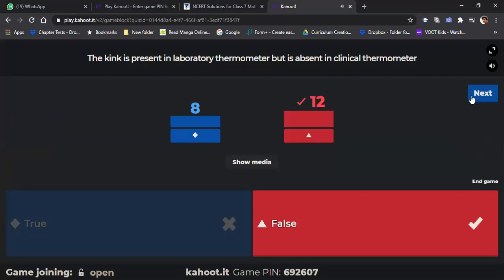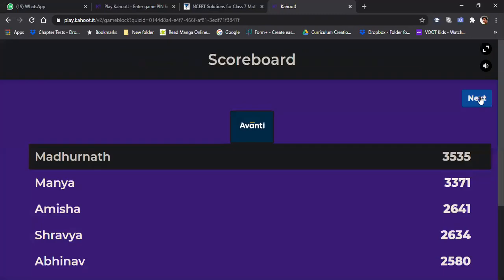Let's see. False, right? Because it should be present in both. Yes or no? Because mercury is there in the kink. So the answer is false. Let's see the scores. There's a huge change. Rishika, third position. Very good. Madhur, it happened again. I don't know why it's happening.